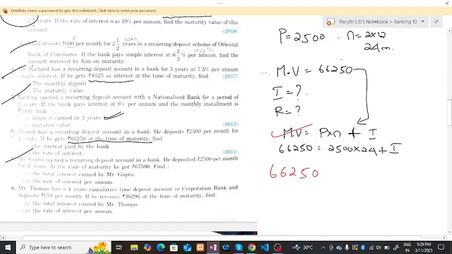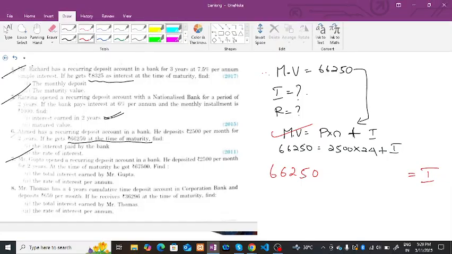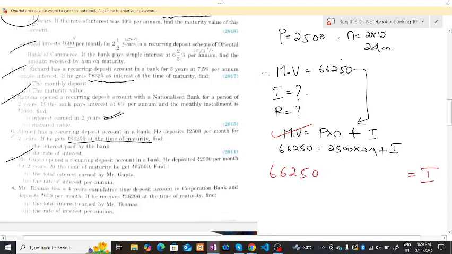Naomi, interest I is towards the right hand side, right? Yes. So keep it on the right hand side, shift the value. 2,500 into 24, multiply this. Shift it to the left hand side, you will get minus.